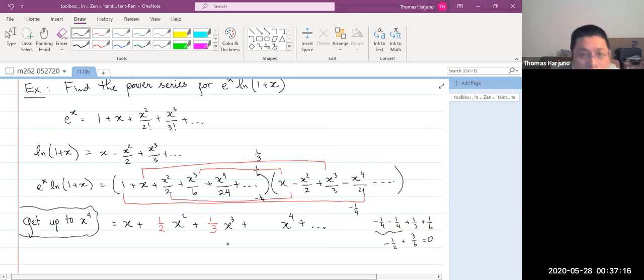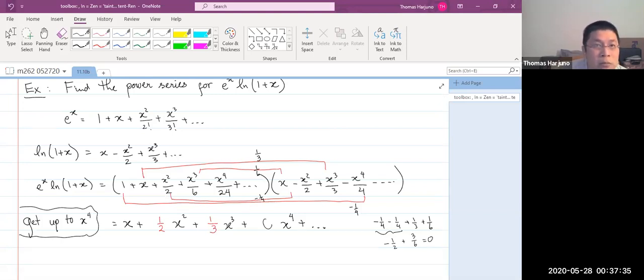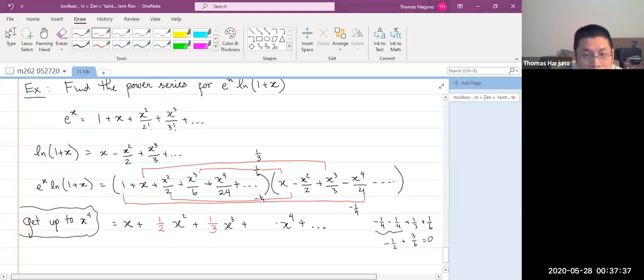Negative 1/4 for that, positive 1/3, negative 1/4, positive 1/6. Oh, that's 0. That's right, that's 0. And then you go to the power of 5, if you want me to.